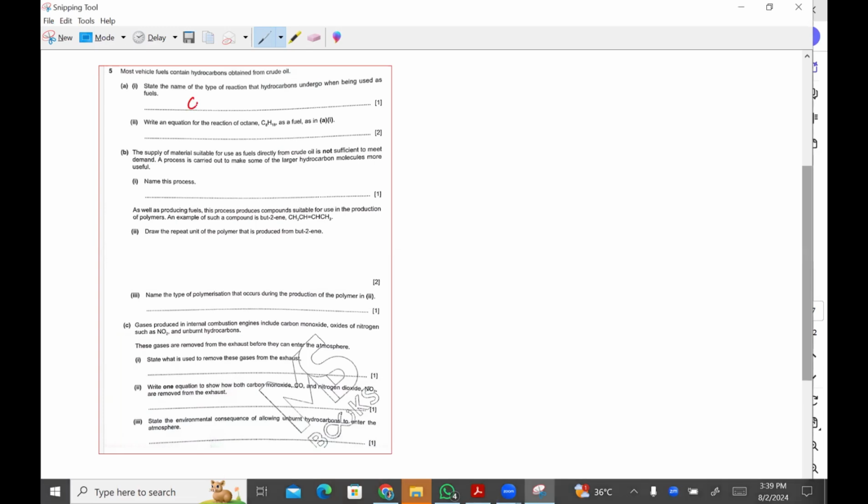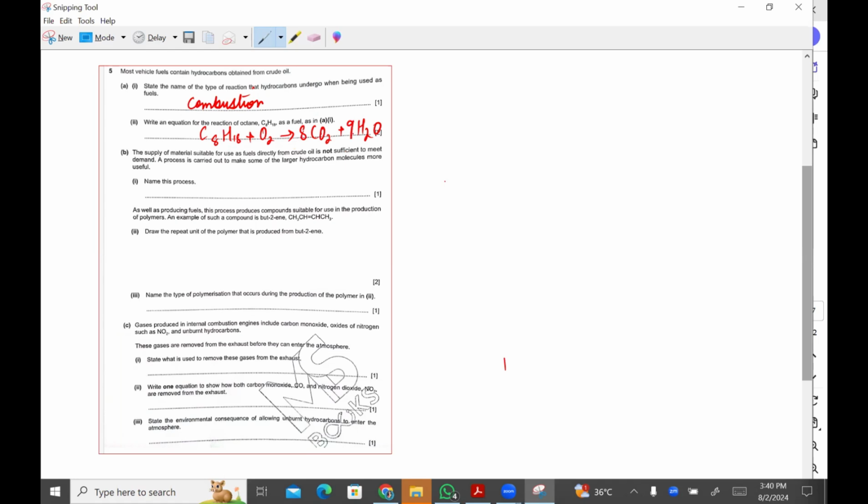Yes, it is a combustion reaction. Write an equation for the reaction of octane as a fuel. So we just have to write the combustion reaction. It's quite simple. That would be forming carbon dioxide and water. Now balance it. 8 should come here, and in order to balance it, 9 should come here.